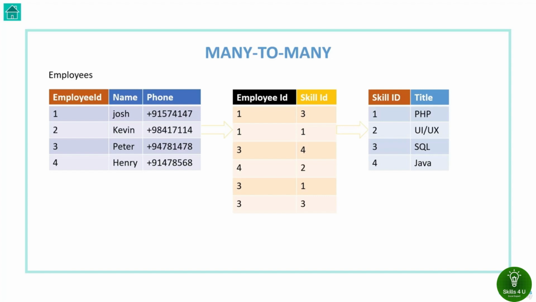To better understand the concept of many-to-many relationships, we will take the example of students and subjects. In this example, a student can follow and study multiple subjects, and one subject can be followed by multiple students.